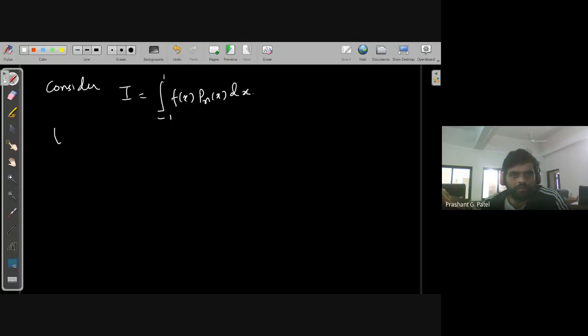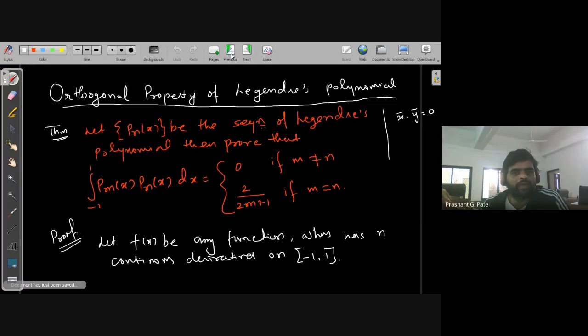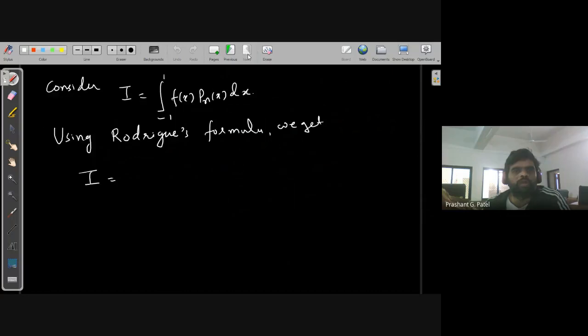Now using the Rodrigues formula, we substitute the value of Pn. The Rodrigues formula that we have discussed is Pn equals 1 upon 2 power n into n factorial, the nth derivative of x square minus 1 power n. So we write down that value here.